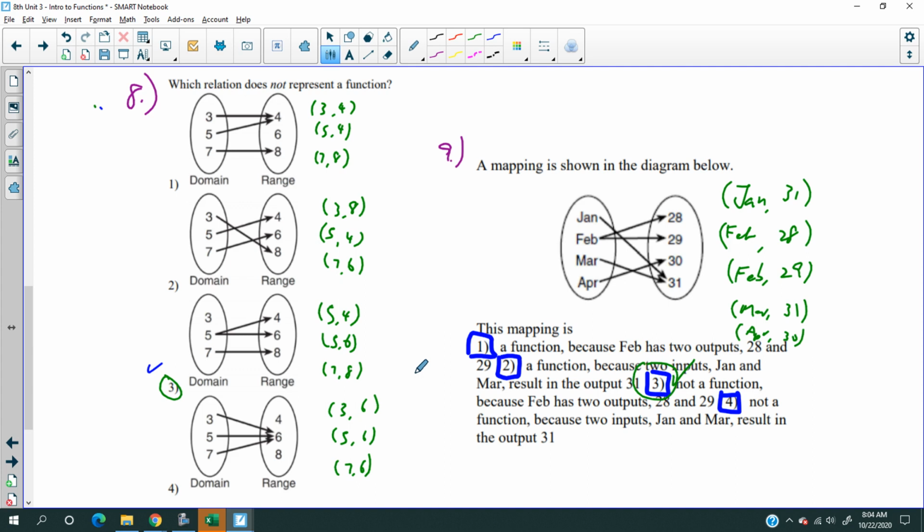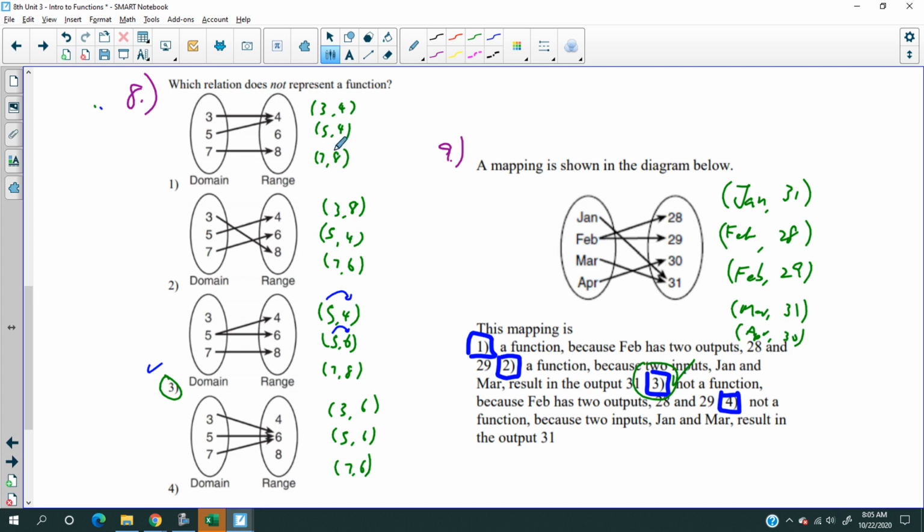Think about it like this, using the machine analogy. If you have a machine, you just want to know that when you put something in, whatever comes out is predictable. You don't want to put a 5 in and get a 4, and then the next time you put in a 5, you get a 6. That's a terrible machine. The machine's not doing its job.